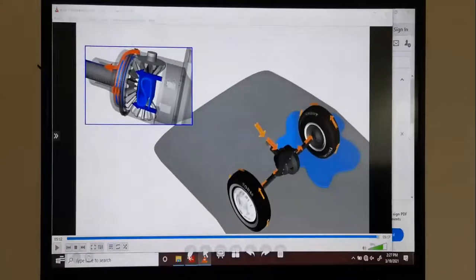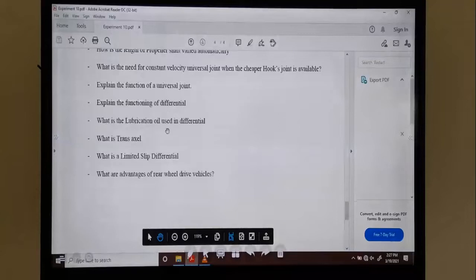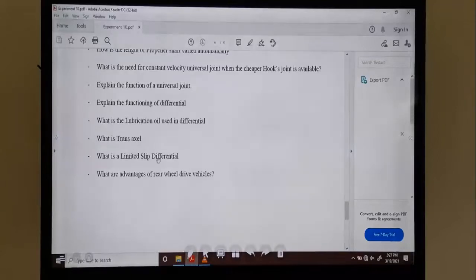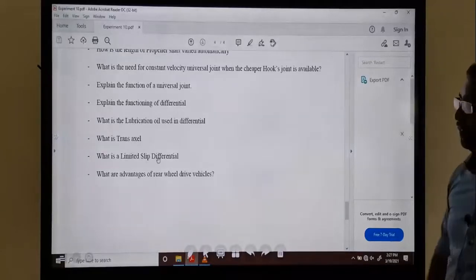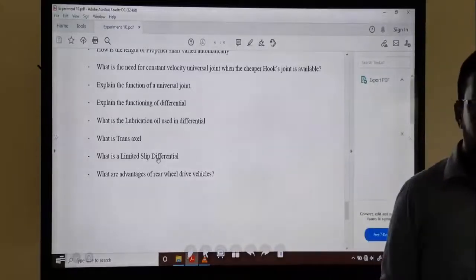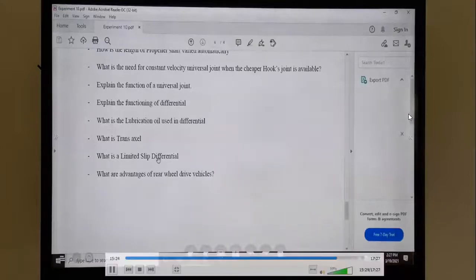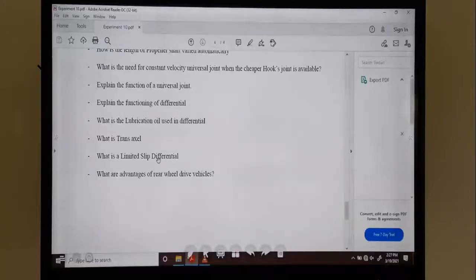In the discussion part, you have to describe what the limited slip differential is. What is the limited slip differential? I don't teach anything here. This is for your work, for your research. You can find another animation on YouTube. What is the limited slip differential?